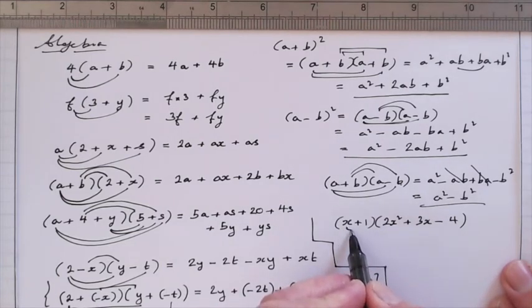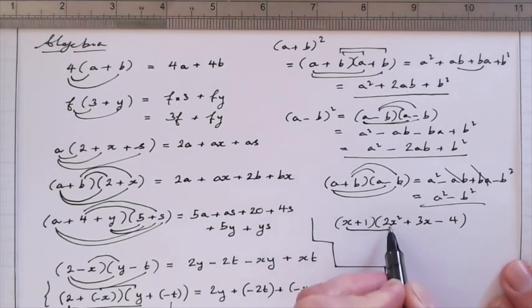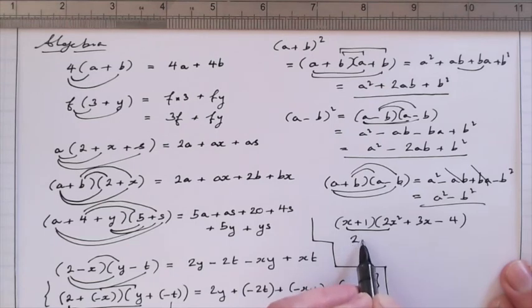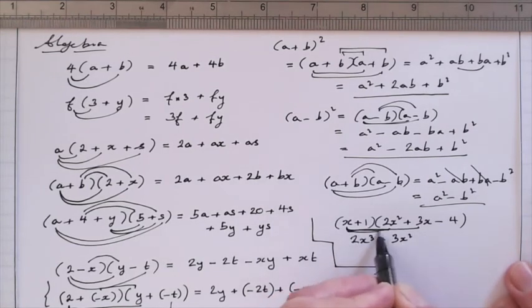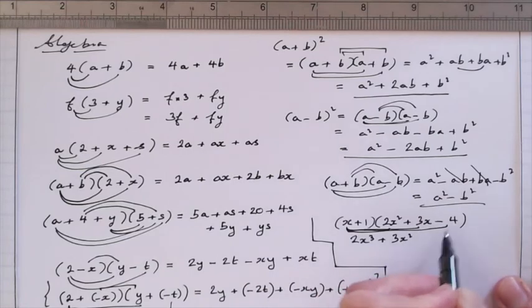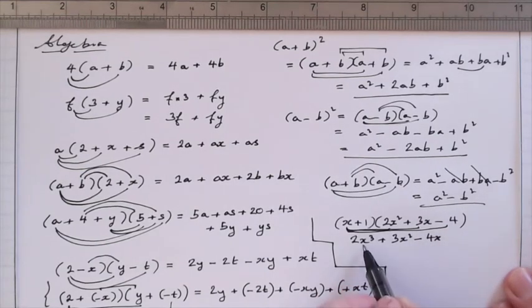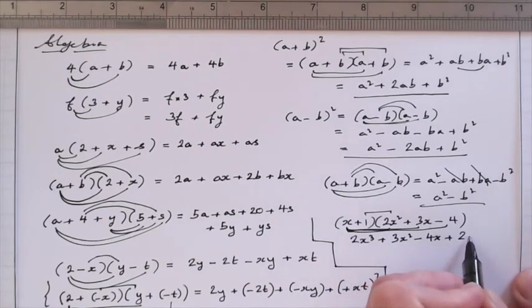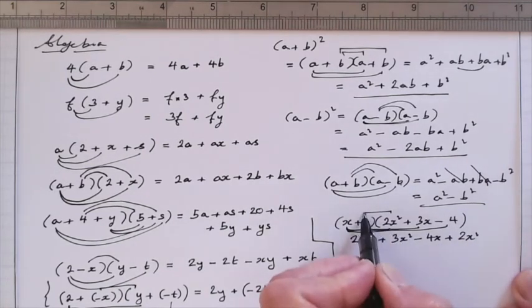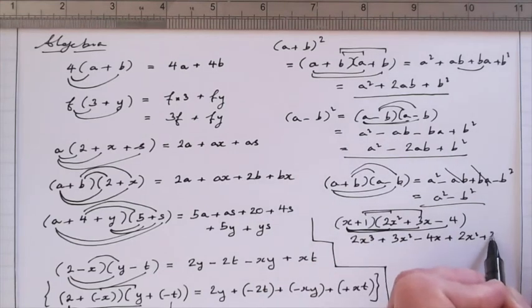Let's multiply this out. So I have x times 2x squared will give me 2x cubed. I have x times 3x will be 3x squared. And then I have x times negative 4, which will be negative 4x. Then I have plus 2x squared plus 3x.